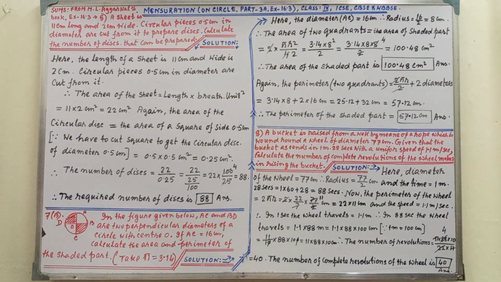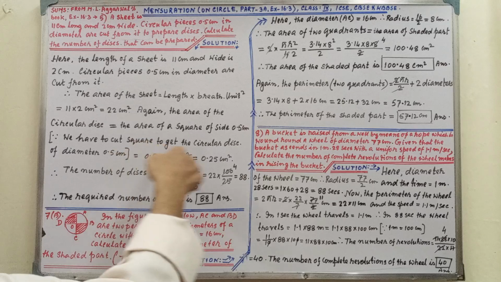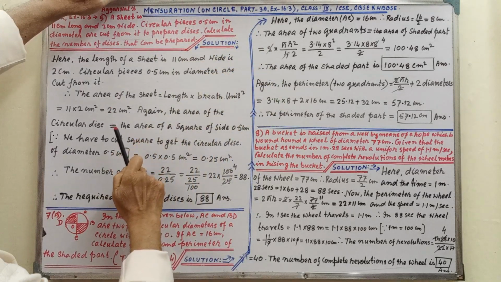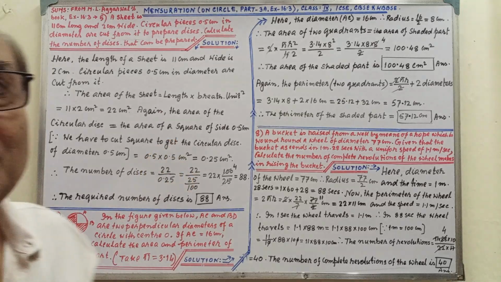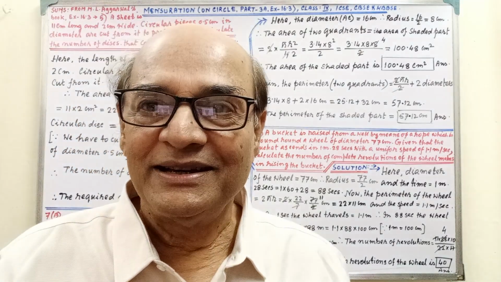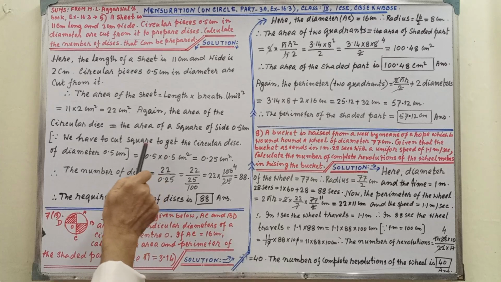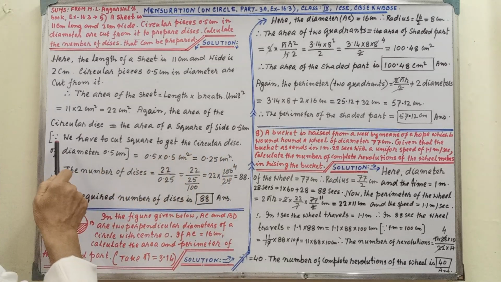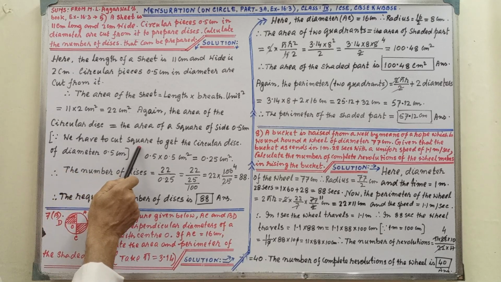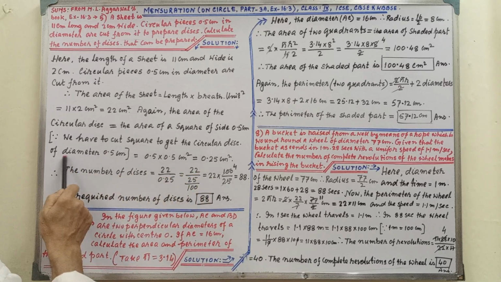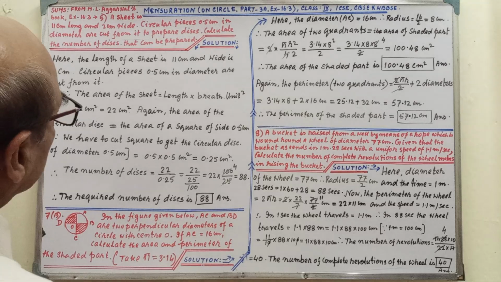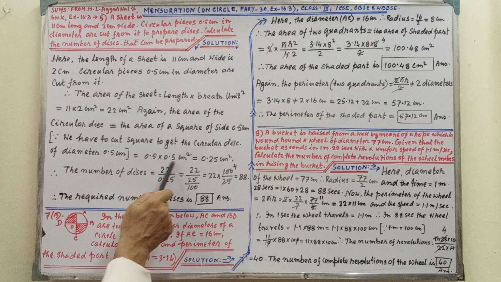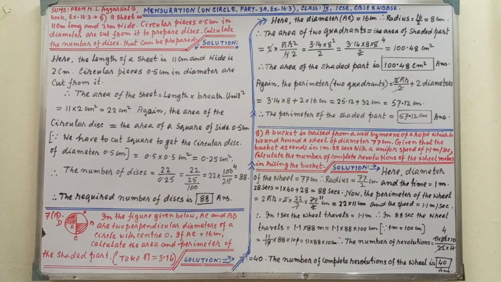From here we have to cut a circular disc, with this diameter and this diameter. According to this we have to cut the square. This is why the area of the square of side 0.5 centimeter, since we have to cut the square to get the circular disc of diameter 0.5 centimeter. That is side square, 0.5 into 0.5, that is 0.25 centimeter square.